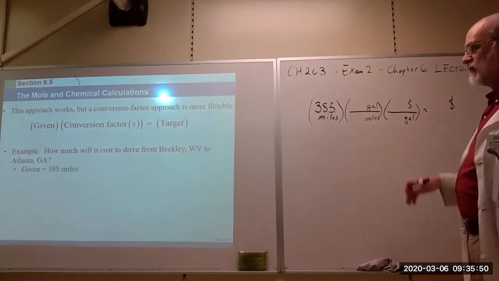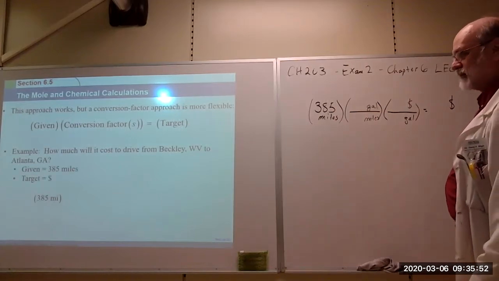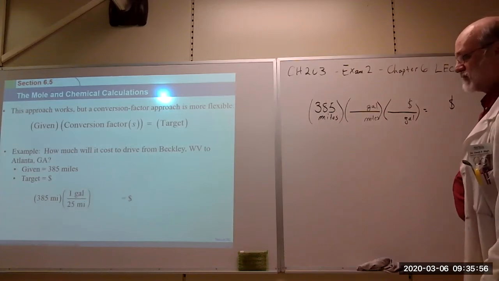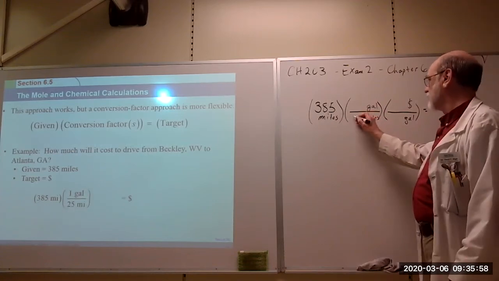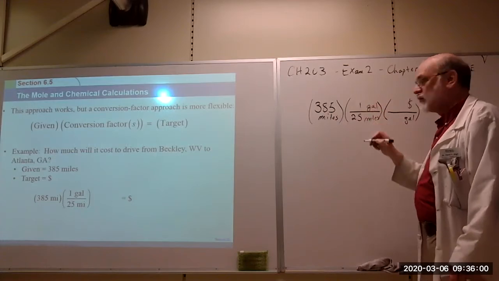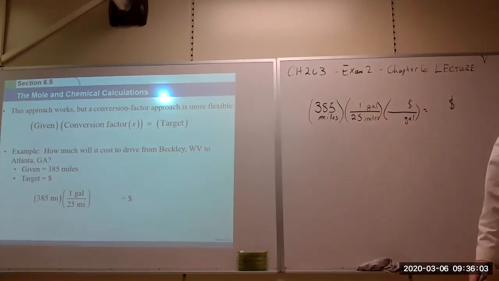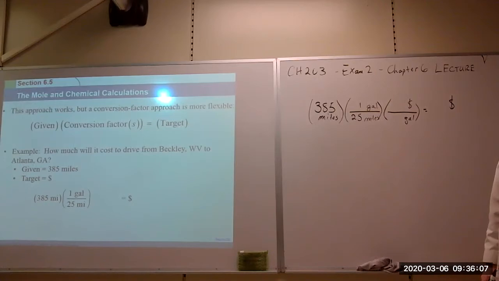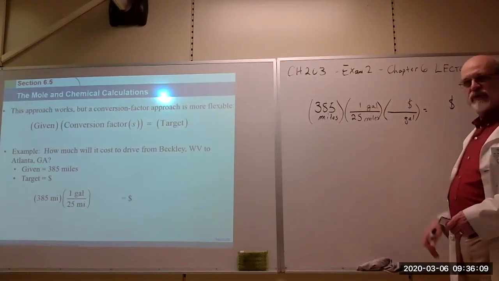Well, the way this problem was worked out was 385 miles and then 25 miles per gallon. You might get better if you have a 4-cylinder engine. You could get 30 or 35 on the road nowadays. But 25 would be pretty good for my van.